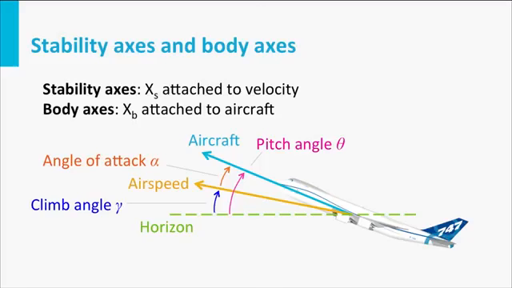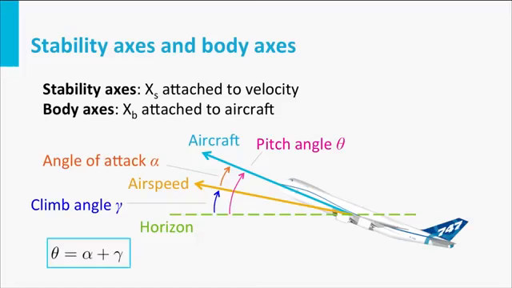So the pitch angle, the angle of the body axis with the horizon, theta, is the angle between the green horizon and the blue aircraft axis, indicated in magenta. And it is, as you can see in this figure, actually the sum of the climb angle, the angle of the speed with the horizon, and the angle of attack. And the angle of attack is, remember, the angle between the airspeed and the axis of the aircraft.